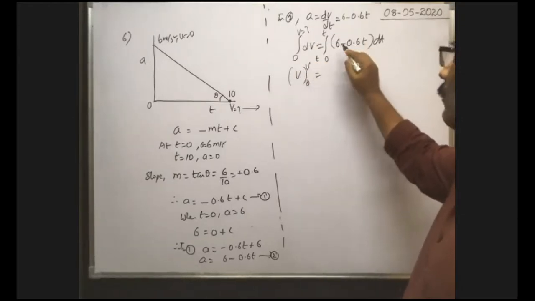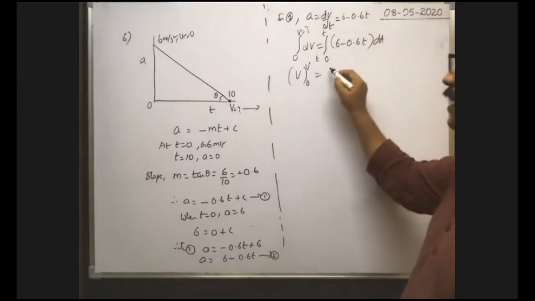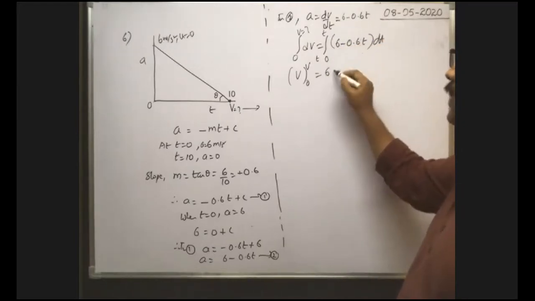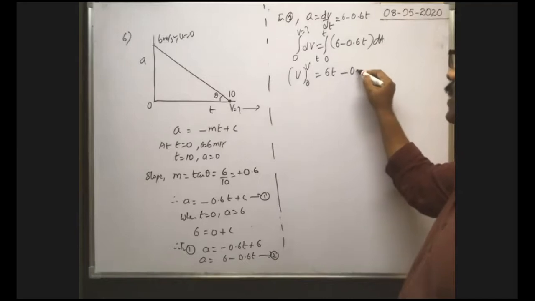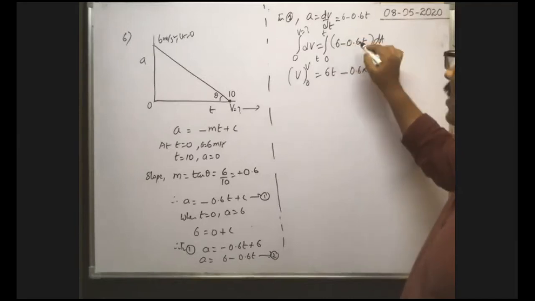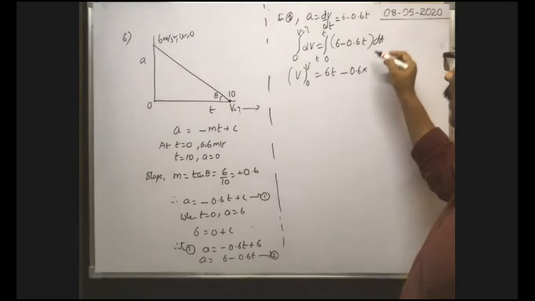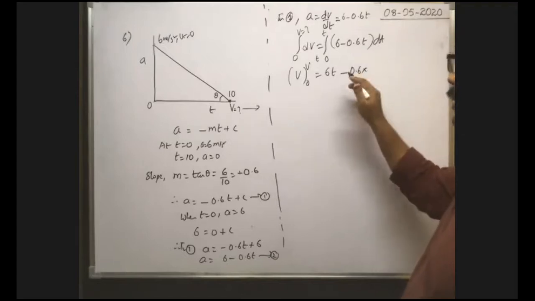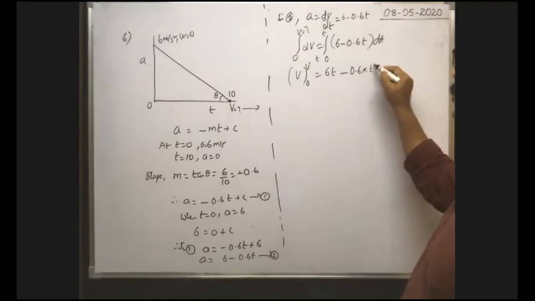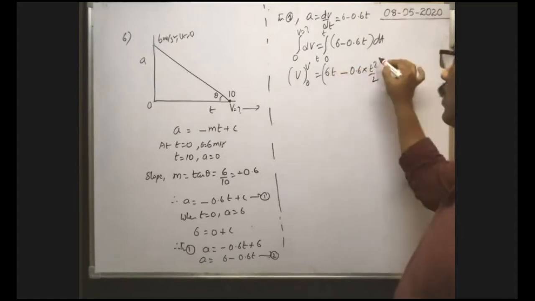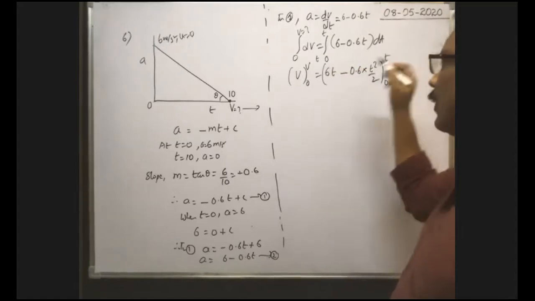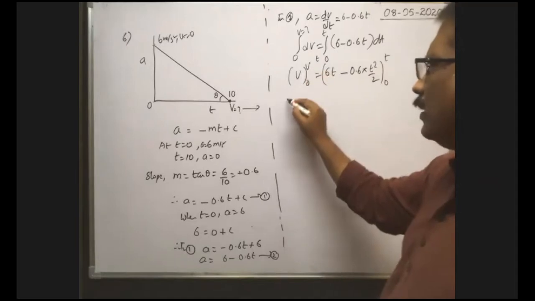Here, integration of 6 into dt: 6 is constant, you keep aside. Integral dt means t. Minus 0.6 into integral of t dt: 0.6 is the constant, you keep aside, then integral t into dt means t square by 2. Therefore, the limits are 0 to t. First you substitute upper limit minus lower limit.